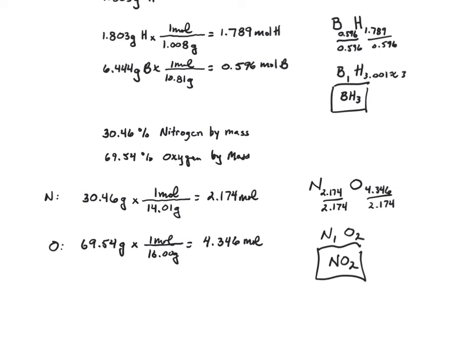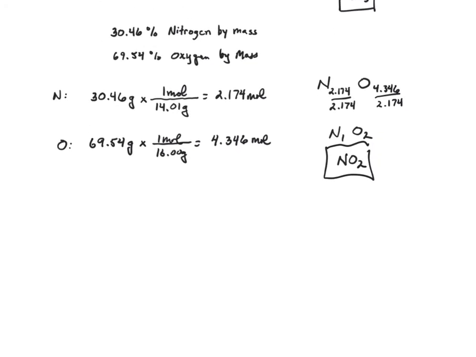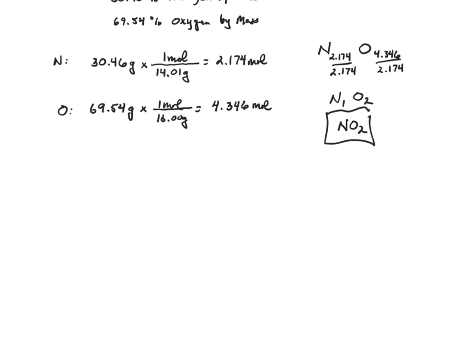Now, these are empirical formulas, but what about molecular formula? So remember, a molecular formula is going to be the actual number of atoms of each element in a molecule.